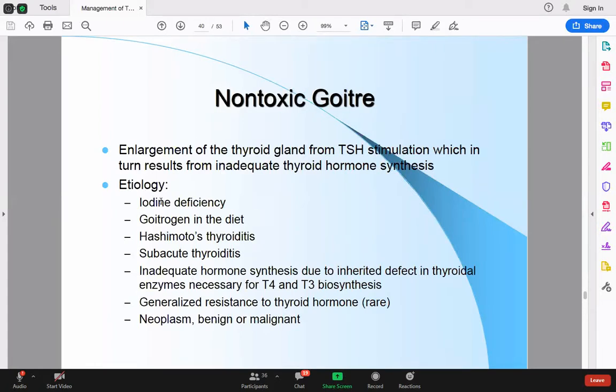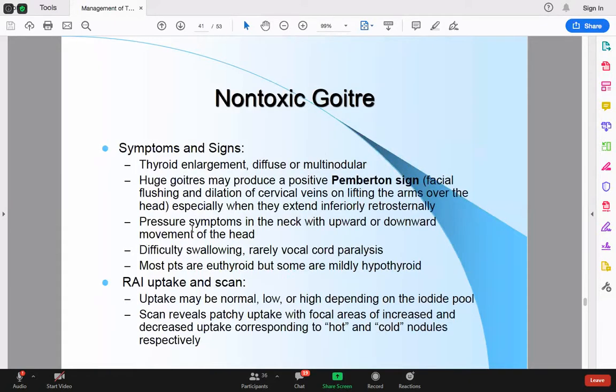Most of the time it's from iodine deficiency, but also the early stage of Hashimoto thyroiditis, before you have low T3 and T4, you may have non-toxic goiter. How to treat? You treat the cause, and if it is autoimmune like Hashimoto, you just follow the course, and whenever they need hormonal replacement, you start them on that.